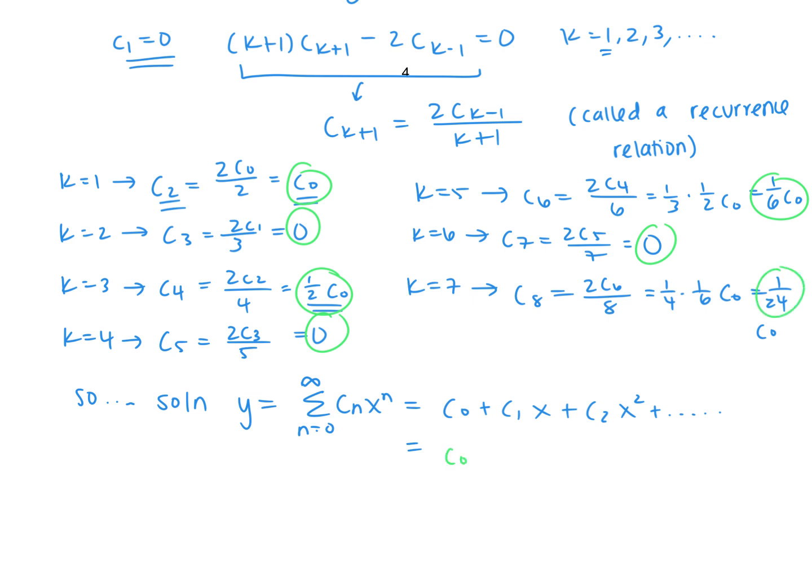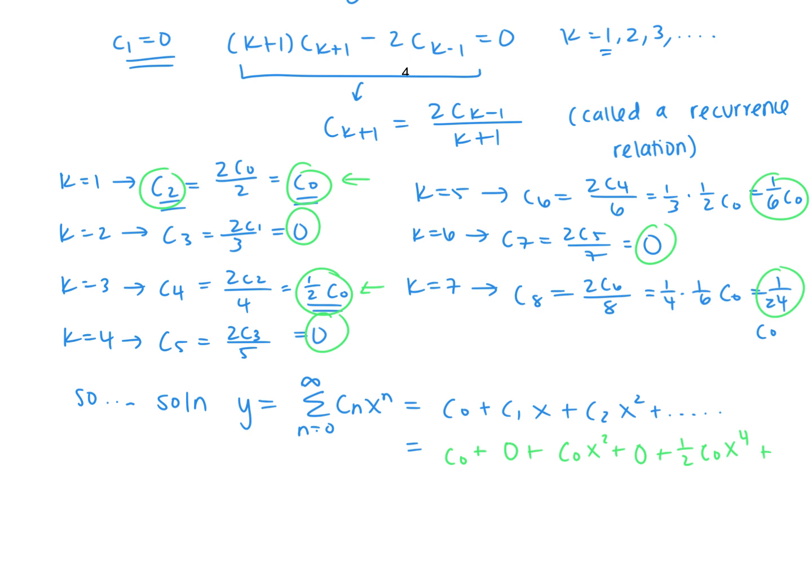So that gives us c0, add our c1 is 0, our c2, we found that above is right here, so that's c0 x squared, and then we have 0, and then we have 1/2 c0 x to the 4th, so that comes from here.